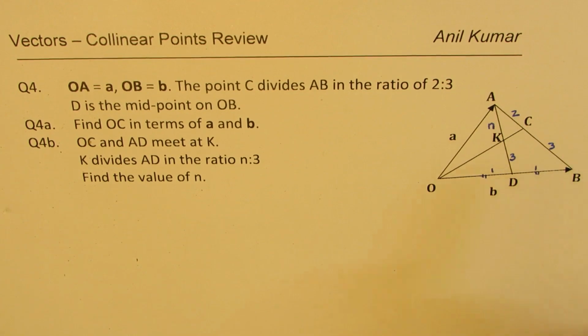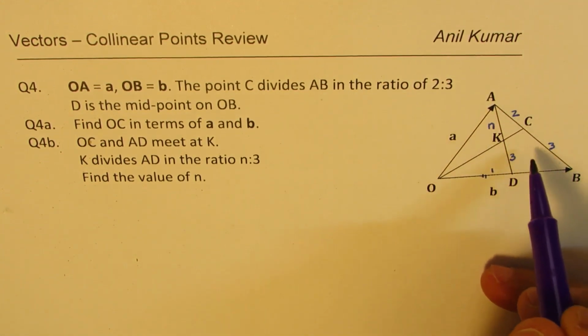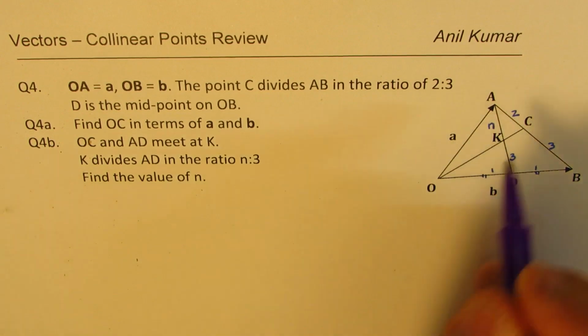When you divide a segment, let me share this formula with you. You can look into my videos where we have taken up a couple of examples based on this concept.